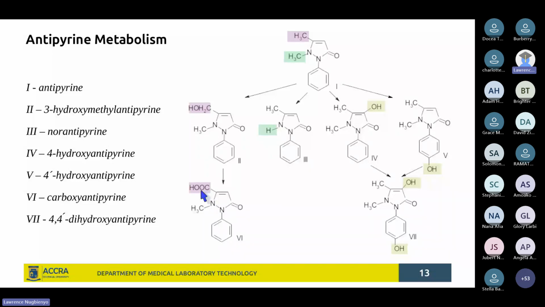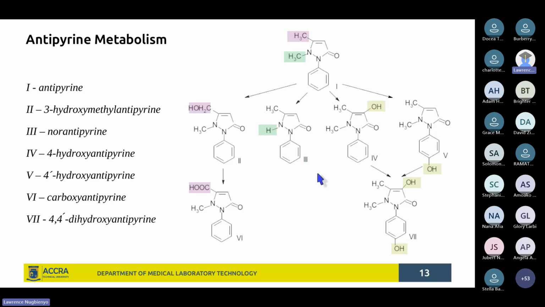So you now have a carboxy antipyrine for that compound number 6. This is to show the different types of reactions which we refer to as the oxidation reactions under the phase 1 reaction.